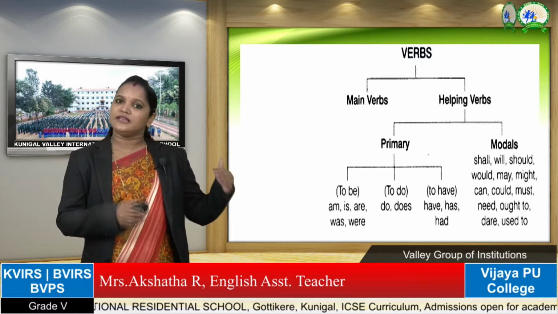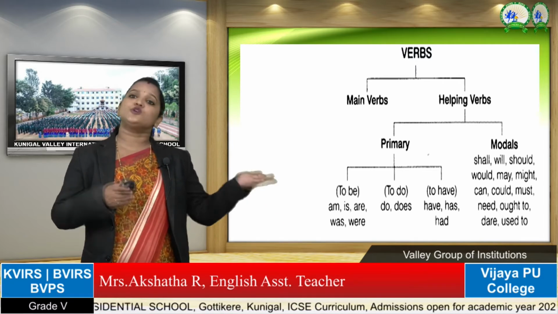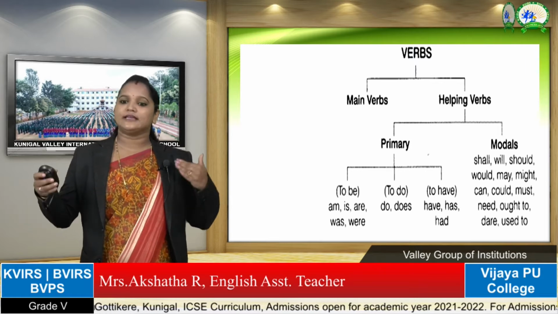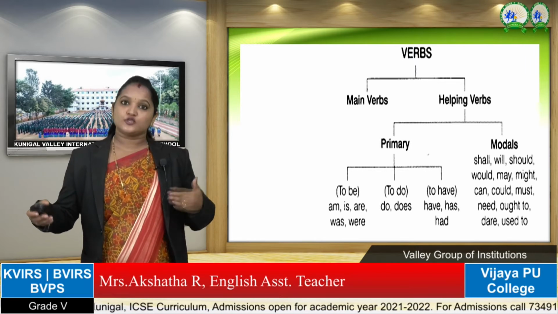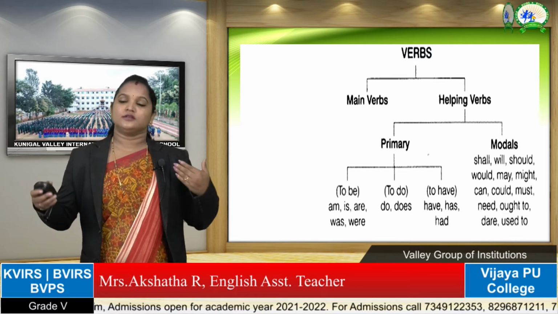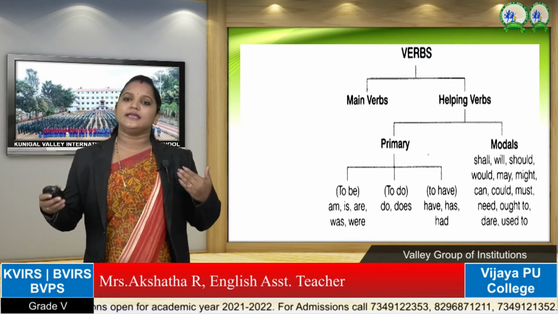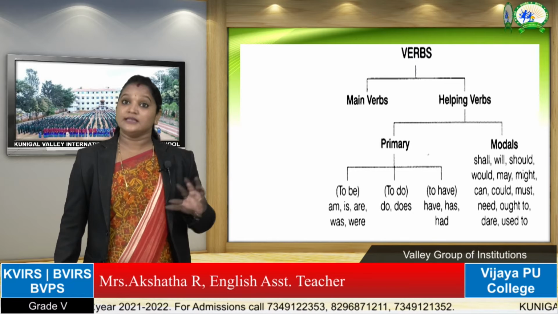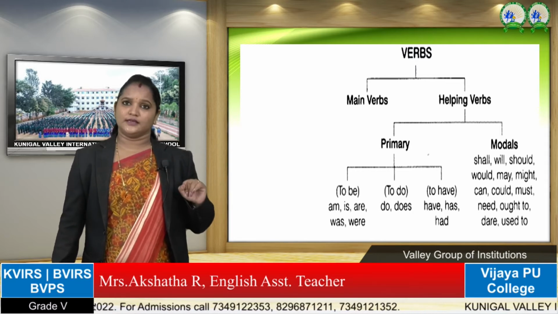Along with the primary helping verbs, we also have modals. What are modals? The words like shall, will, should, would, may, might, must, could. All these are called modals. That means they are also verbs only.